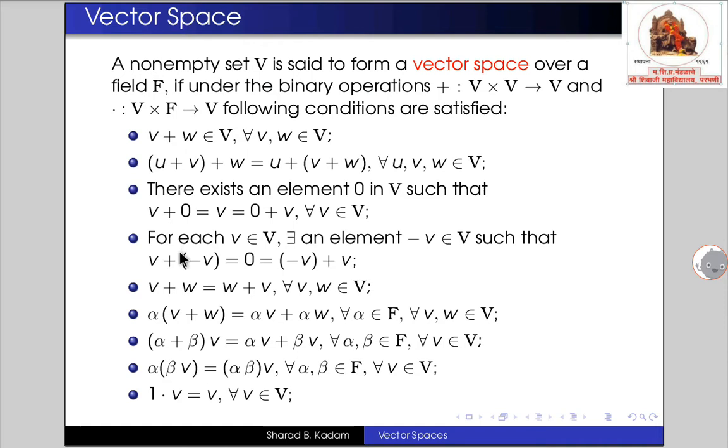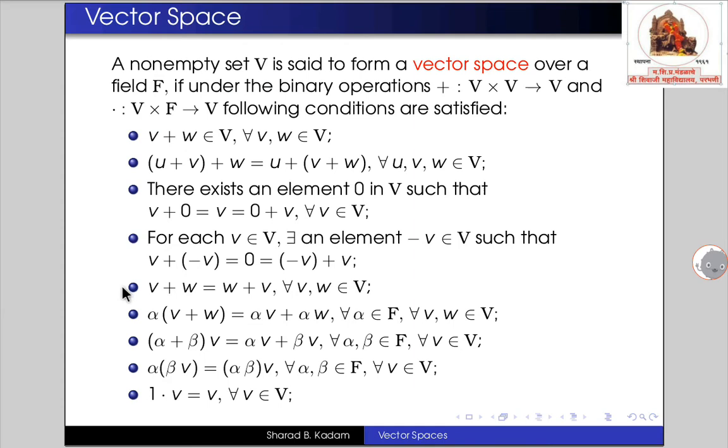It states that for each element v in the set V, there exists an element minus v in the set V such that v plus (minus v) equals to 0 and (minus v) plus v equals to 0. So if these 4 properties are satisfied, V forms a group under the binary operation addition.